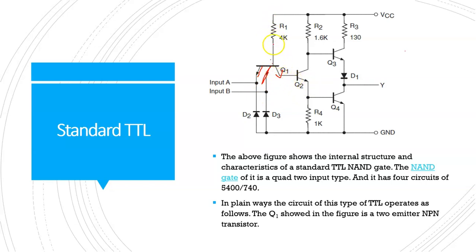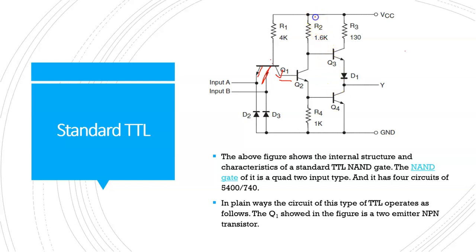So there would be a sufficient current, and there is no other path over here. So you would be having a sufficient current flowing to the base of this transistor Q2. When there is sufficient current flowing to the base of Q2, it makes this transistor Q4 to be on.